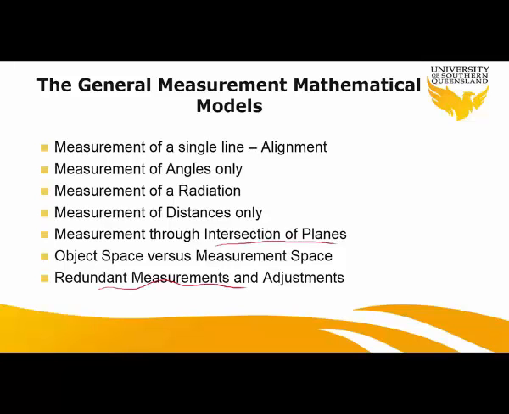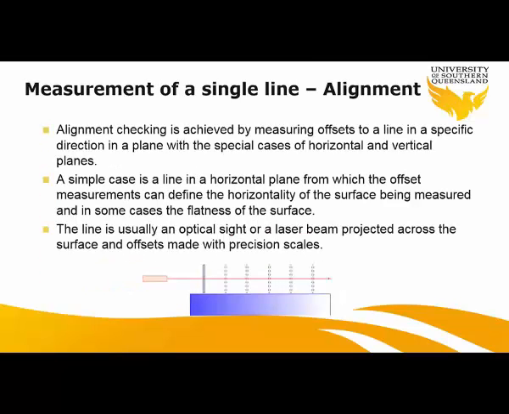So I'm going through each of them individually, and we want to see how we mathematically model different measurements in metrology. Measurement of a single line, or alignment. To check an alignment, we first need a reference line, which can be established using an optical sight, or a laser beam gives us the reference line.